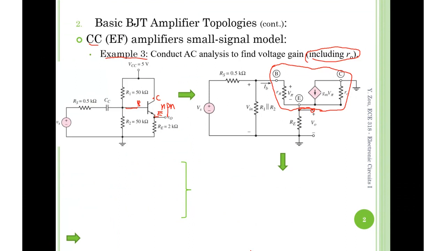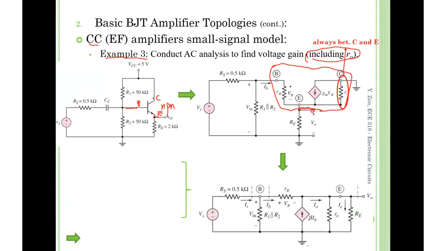Like we have done in MOSFET, I drag the top part, the dependent current source and R naught, and also the collector ground, drag them down and flip it. Then we end up with this circuit, which is easier for us to write equations.